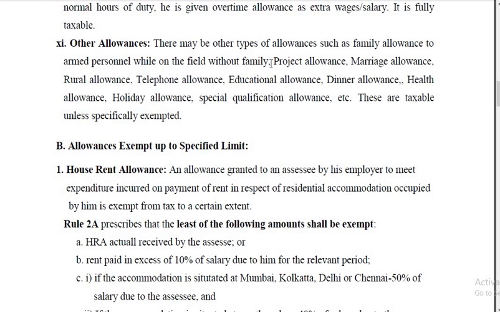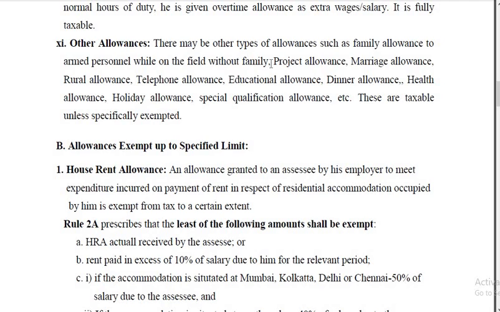Then project allowance: to complete a project, they might be given an allowance. Marriage allowance: when an employee marries for the first time, as a facility, he may be given marriage allowance.